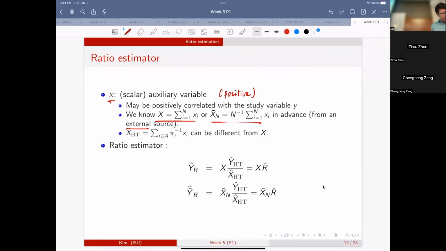Okay, so this is the ratio estimator. This is the ratio estimator for the total, and this is the ratio estimator for the mean.